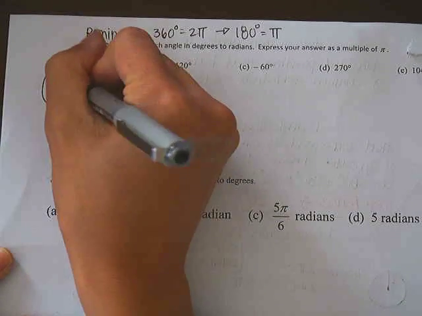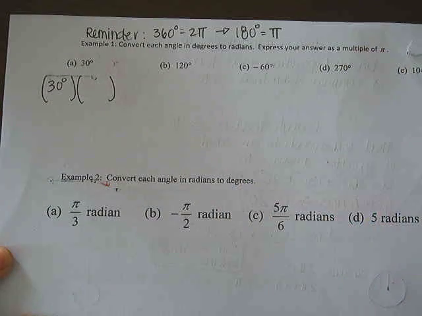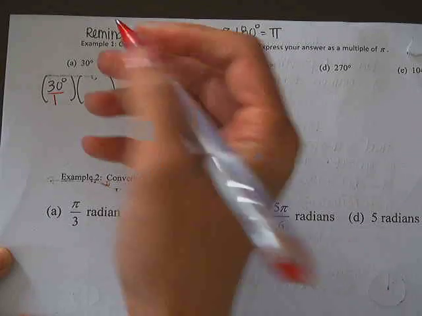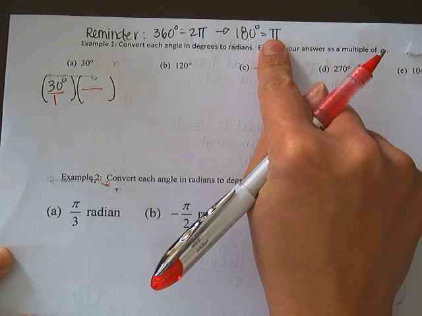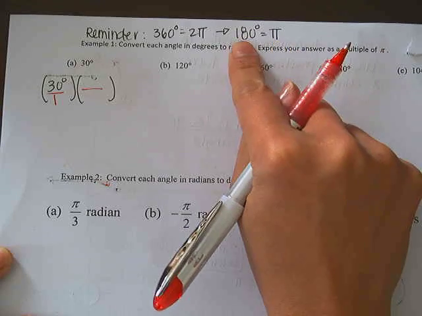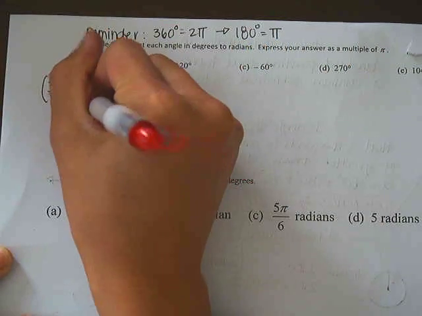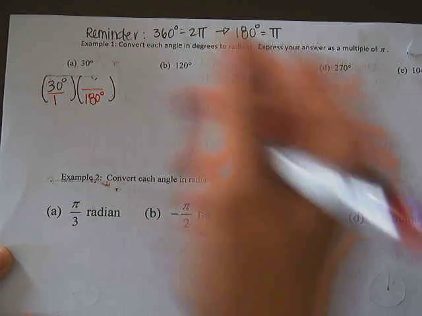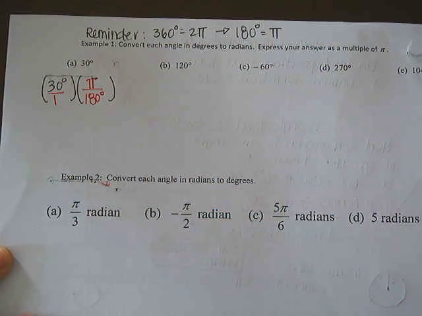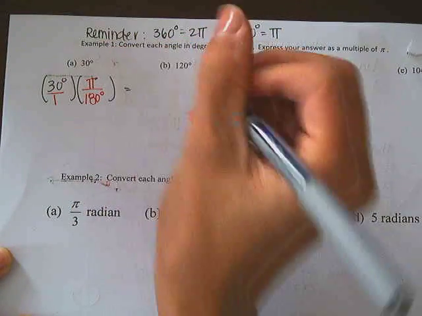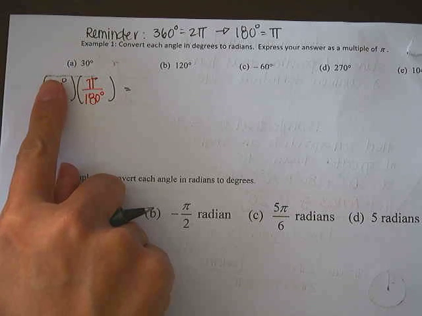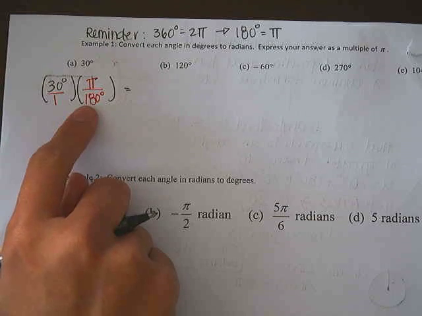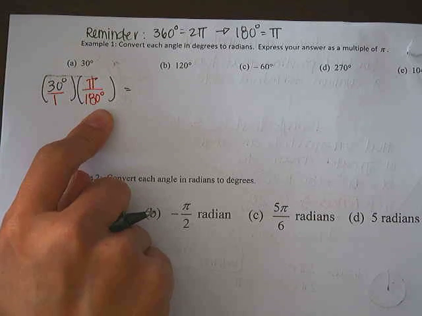So that means I'm going to multiply. I can make my 30 into a fraction. Going to radians, pi radians equals 180 degrees, so I can put 180 degrees on the bottom so that my degree symbols cancel out, and pi radians on the top. The degrees and degrees cancel. 30 goes into 180 6 times, right?